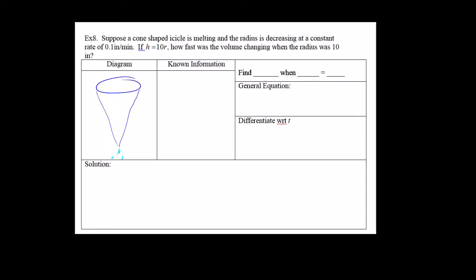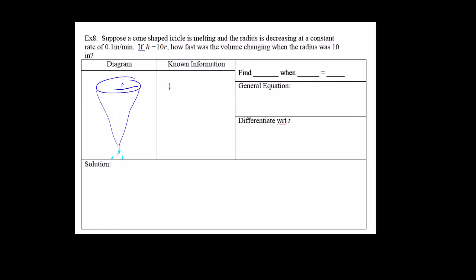Well, let's draw our diagram. We got our diagram. That's a bad radius, but we're just going to go with that. That's our radius there. So known information: what do we know? We know the radius is decreasing at a constant rate.